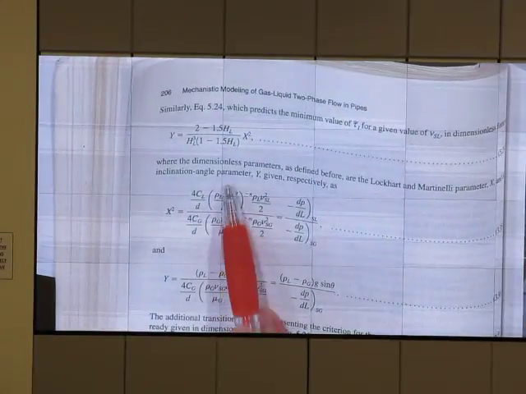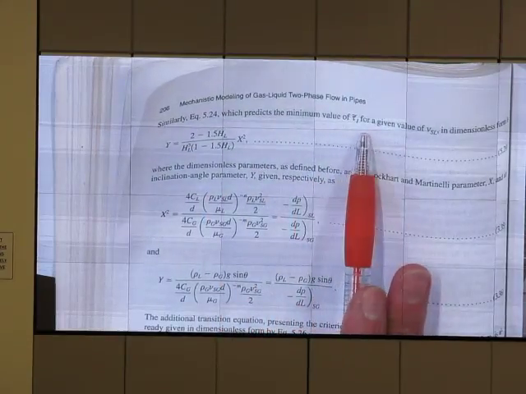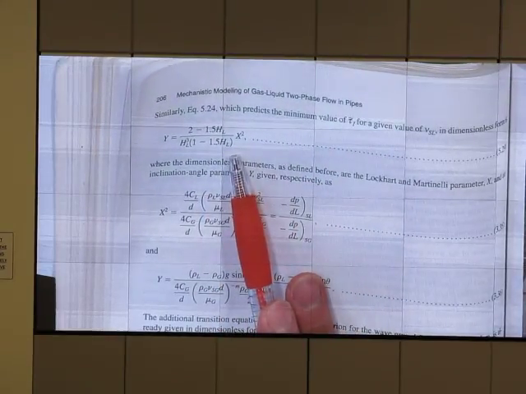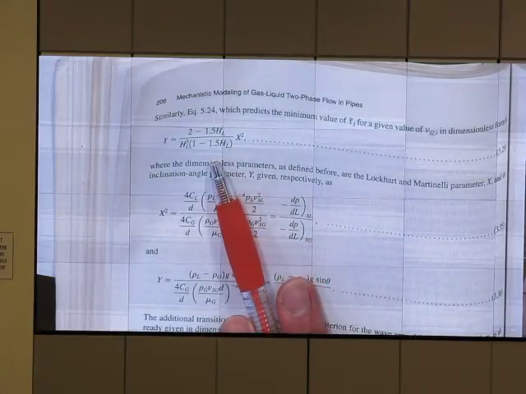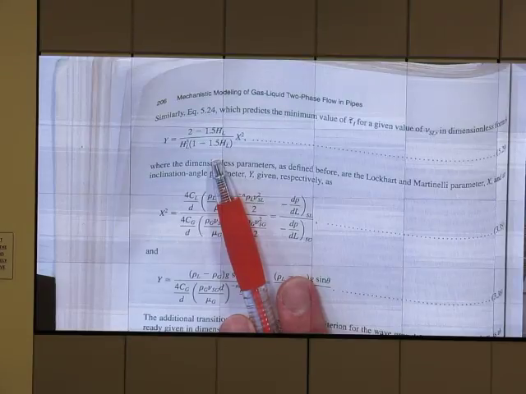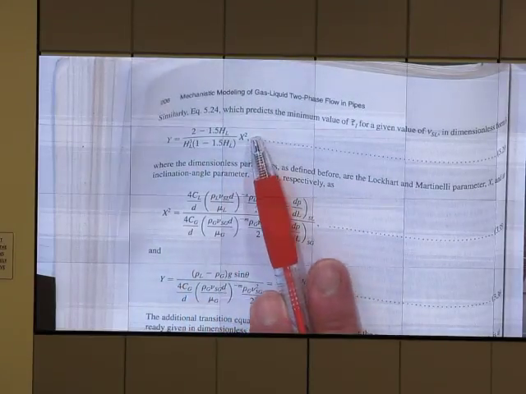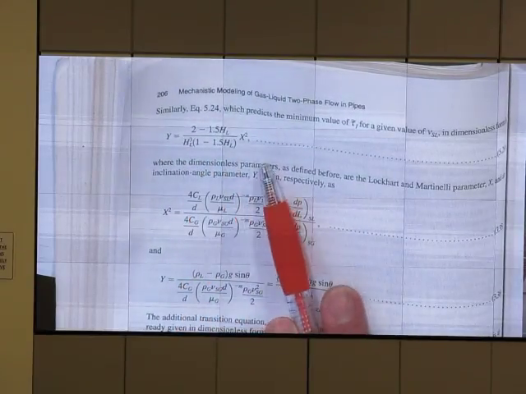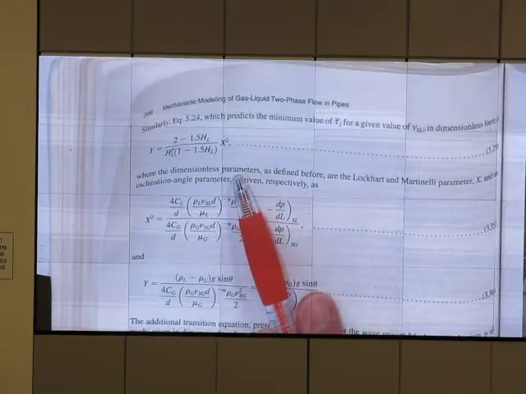So 5.29 is the minimum of tau I, right? When we take the derivative and get the minimum point, that is the dimensional form. When we make that equation dimensionless, it is this equation. So this is the dimensionless form after the derivative. Okay, 5.29.